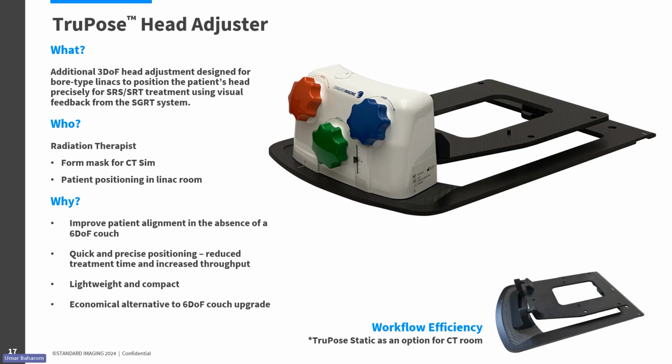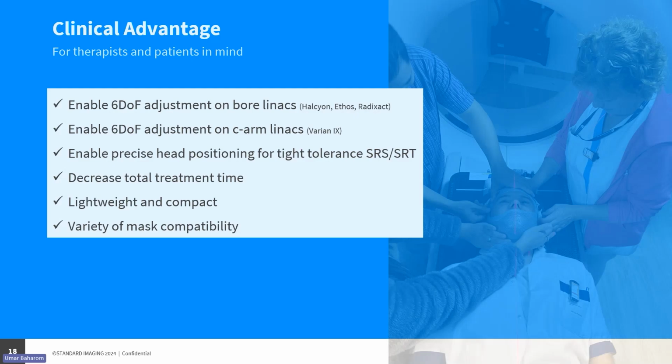And again, I touched on this before. For improved workflow efficiency, there is the TruPose Static as an option for a dedicated device for the CT room. So some of the clinical advantages of the TruPose Head Adjuster: it enables 6-DoF adjustments on bore linacs like Halcyon, Ethos, and Radixact.